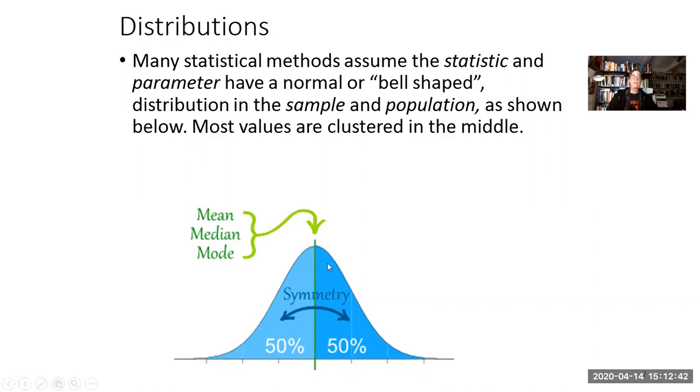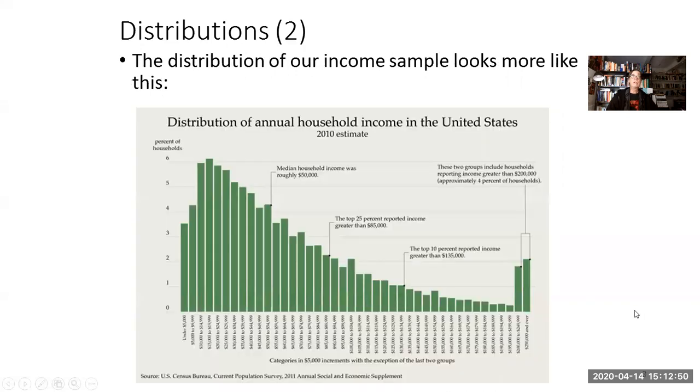Now, if you had a different shape of distribution, these things are not going to be equal to one another. Here's an example. This is an older estimate of the distribution of household income in the United States. You can see it doesn't look like a bell. It has a big hump and it slacks off until you get down here. What we have here are categories of household income, $5,000 wide.